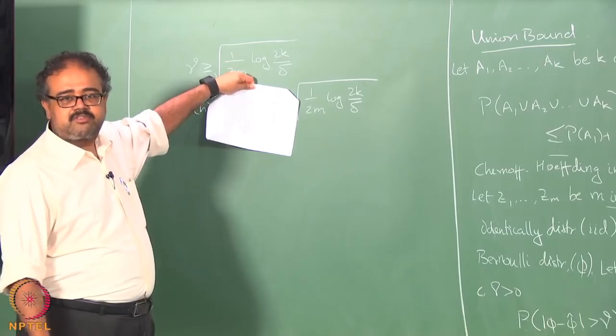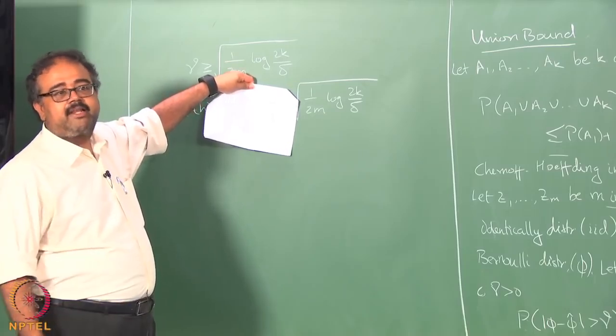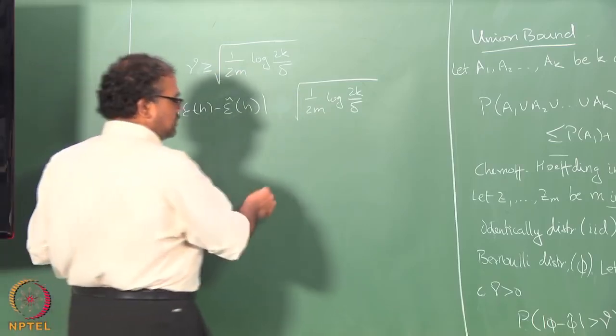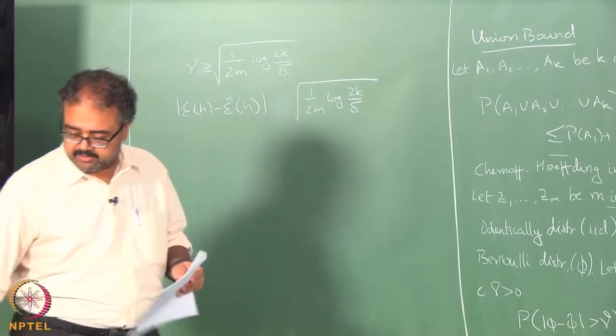Gamma can be at most this small, but it can be greater. Then I can give you that guarantee. That is essentially what we are looking at here. So, this is not needed.